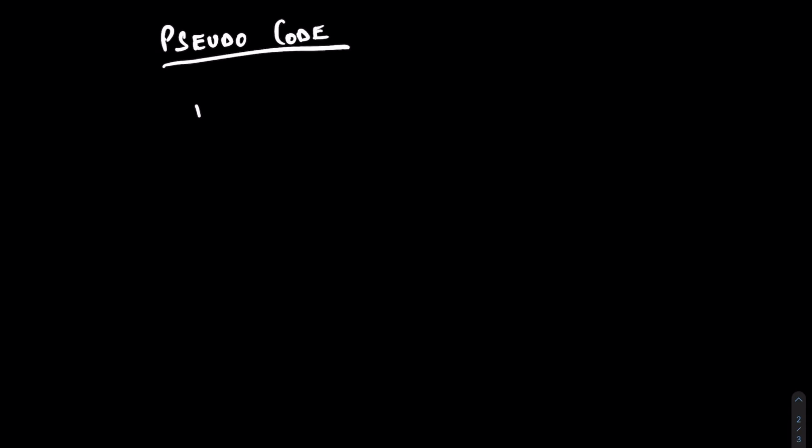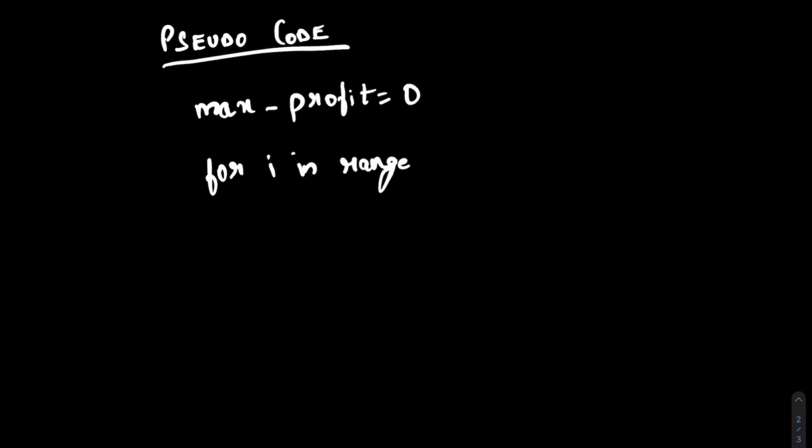We can first initialize max profit to 0. And then we want to iterate over the prices. We can start from day 1 because we want to compare the price on a certain day to the previous day and check if it's greater.